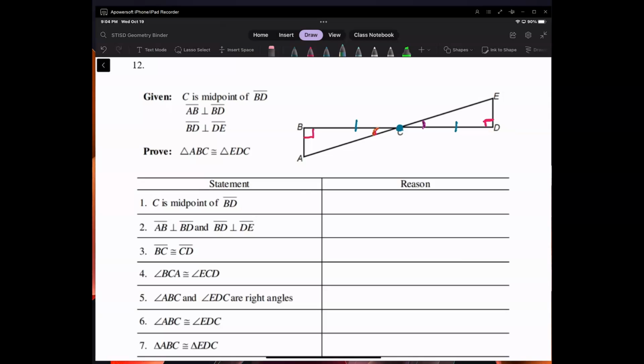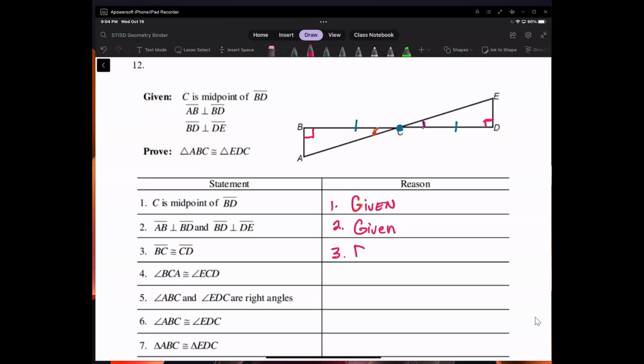Number 1, C is the midpoint of segment BD. That's given. Segment AB is congruent to segment BD. Segment AB is perpendicular to segment BD, and segment BD is perpendicular to segment DE. That would be given. They gave us that. Number 3, segment BC is congruent to segment CD.